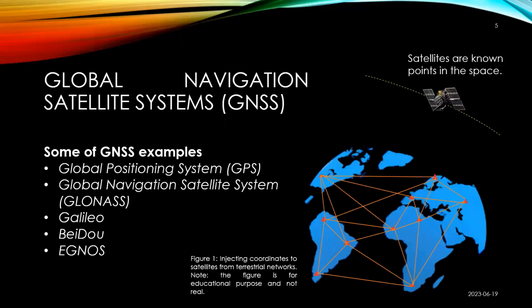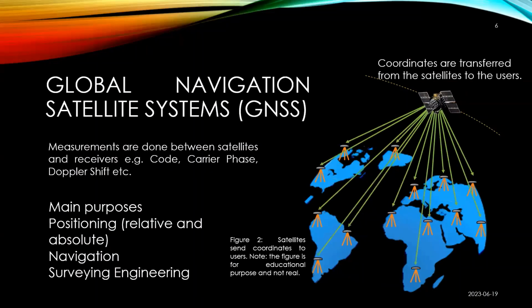So, in the GNSS system, we have some points on the ground, as you see in the figure, and the coordinates of these points have already been determined precisely. But how? Other techniques, which I will discuss later. From these points, the coordinates are injected into the satellites, and the satellites return the coordinates down to the users.